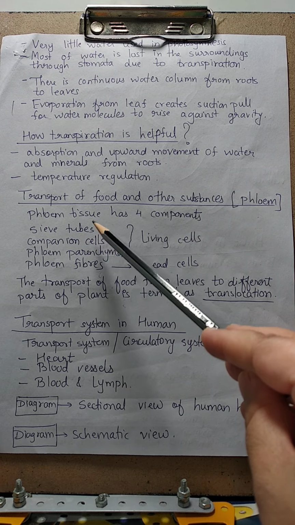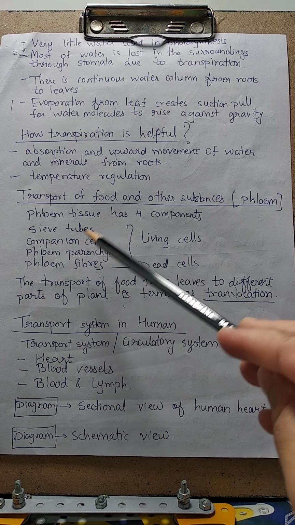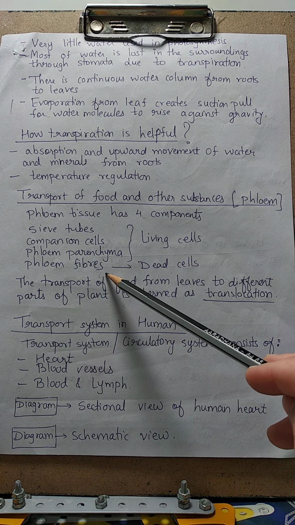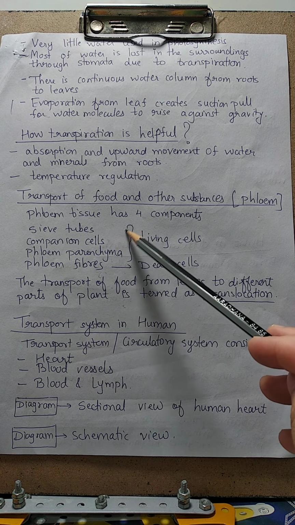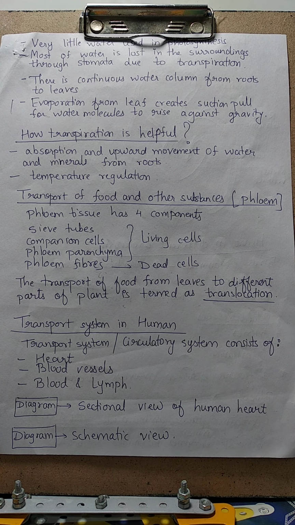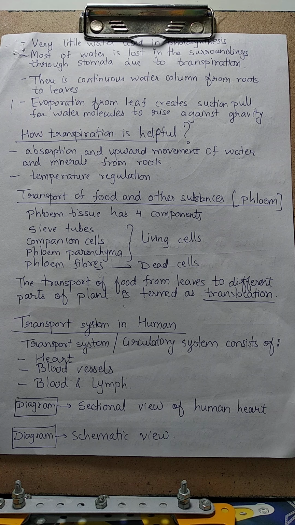Now, phloem tissue has 4 components just like xylem: sieve tubes, companion cells, phloem parenchyma, phloem fibers. Out of these 4 components, 3 are living cells and only the fibers are dead cells. The sieve tubes are living cells which contain cytoplasm but no nucleus.